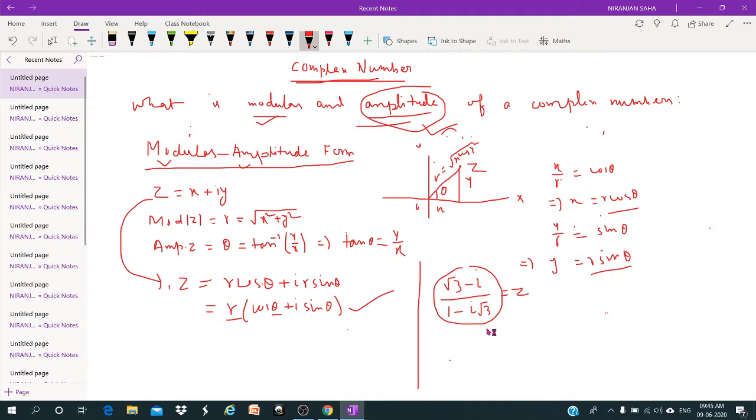What we will do is find the conjugate of the denominator and multiply both numerator and denominator by it. The numerator is (√3 − i) times (1 + i√3), and the denominator is (1 − i√3) times (1 + i√3).